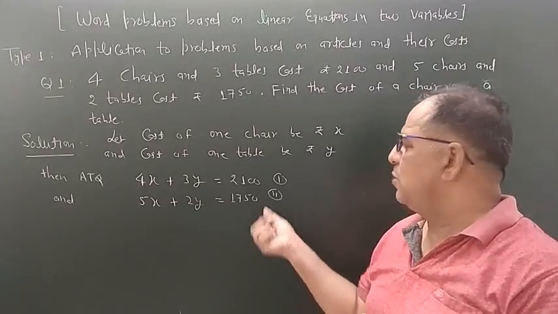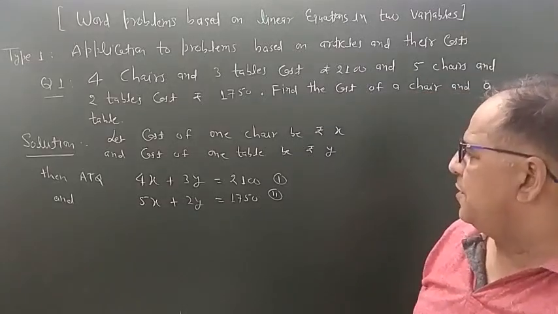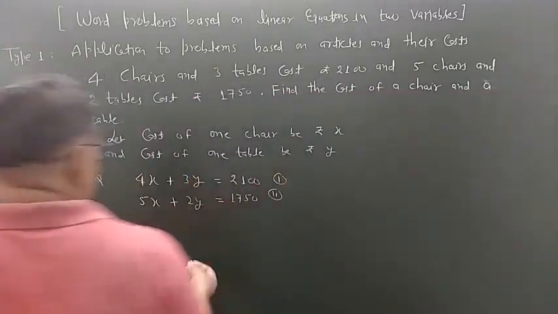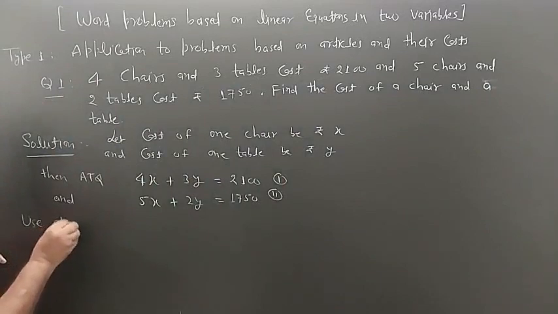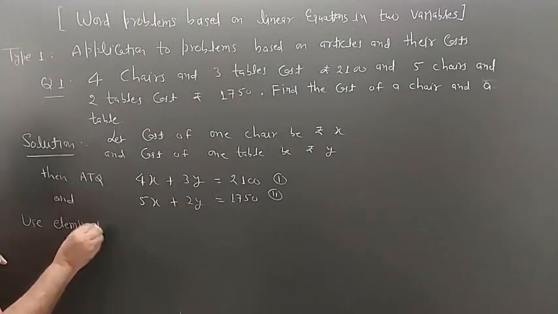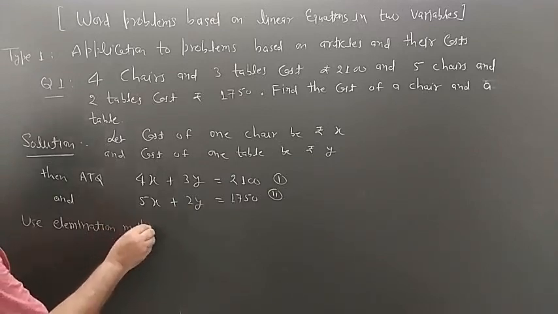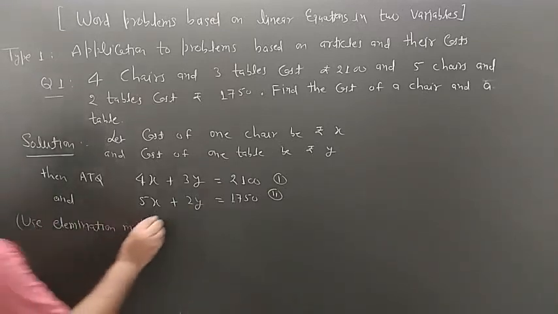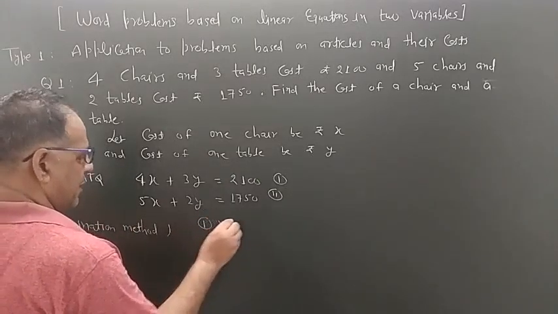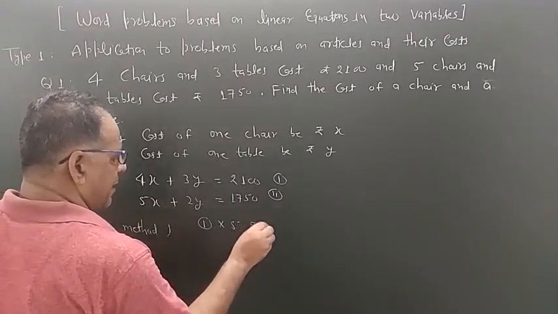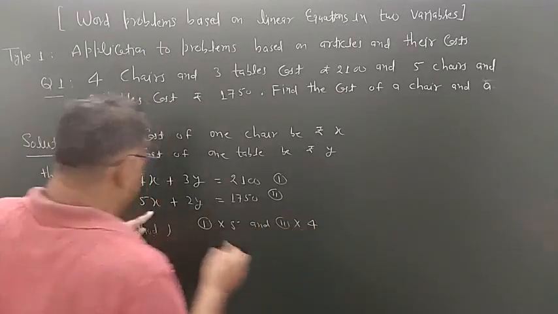Now we solve these two equations by using any method we have studied earlier. So now I am using the elimination method. Equation first multiply by 5 and equation second multiply by 4, equating the coefficients.